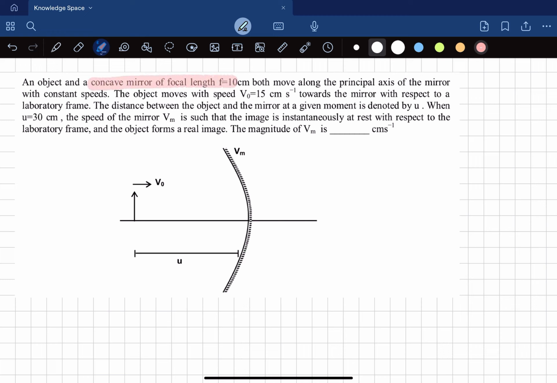So there's a concave mirror of focal length 10 centimeters. The object moves with a speed v0 equal to 15 centimeters per second towards the mirror with respect to the laboratory frame. So that's important.